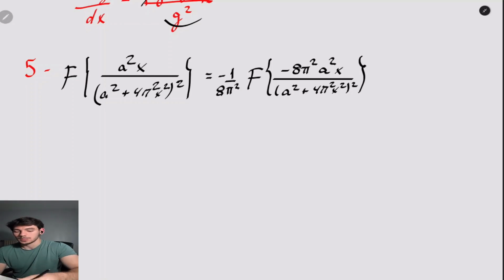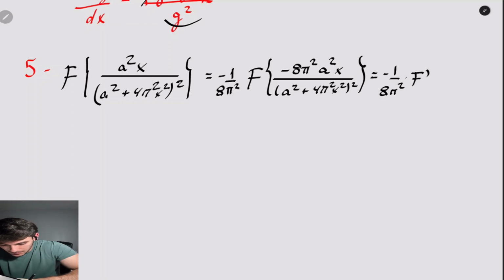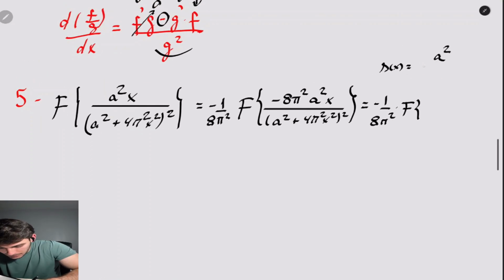So now we maintain the equation. So this is in fact equal to this. All right, so this is minus 1 divided by 8 pi squared times the Fourier transform of, let's say that s of x equals a squared divided by a squared plus 4 pi squared x squared. So then this is s, the derivation of x.